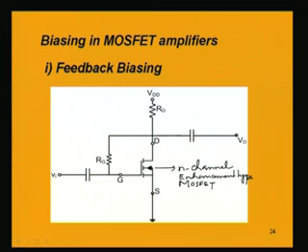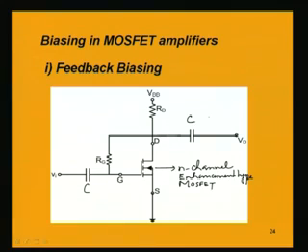Now, there are capacitances. The reason for applying these capacitances is that we want to block the DC from the AC, because we want to get the amplified AC output and we do not want it to be corrupted by the DC signal. That is why there are coupling capacitors.